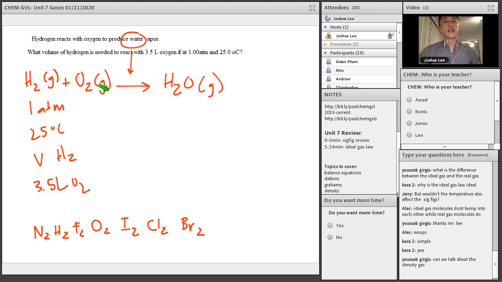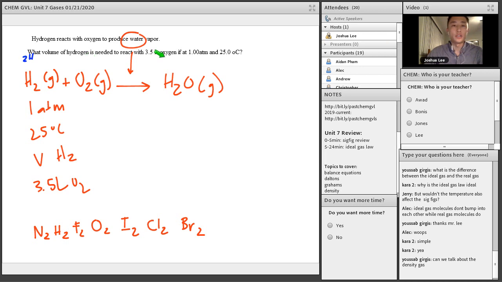So now we have the reaction written. We have to balance it. Typically when I balance, I just start from the left and balance my way to the right. So I look here, I have 2 hydrogens. The blue is just me showing my work.